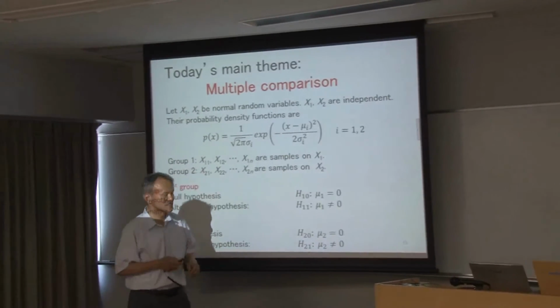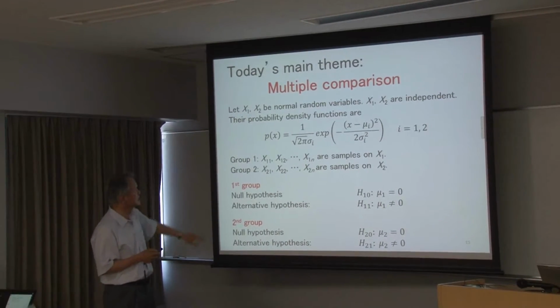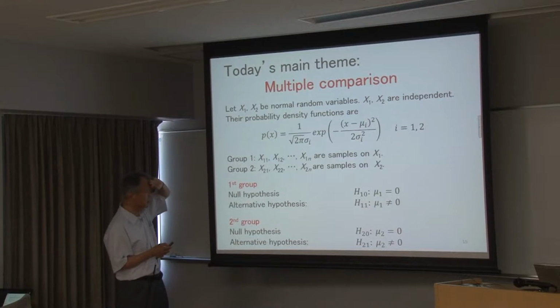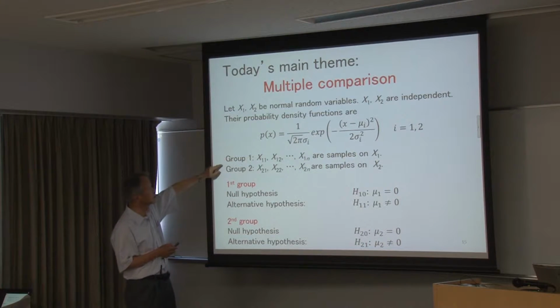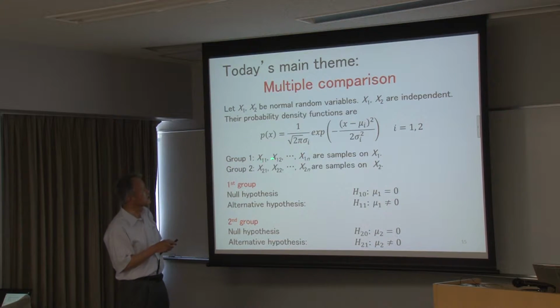The main thing is, one of the cases is here. There are two groups, one here and the other here. These are samples, and both follow normal random variables, x1 and x2. These two are independent.